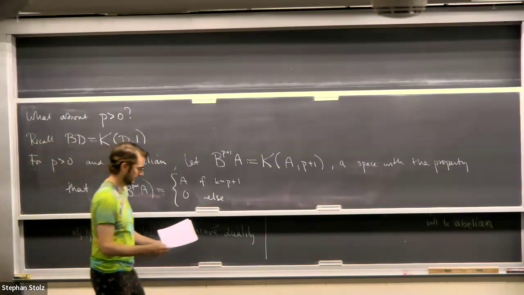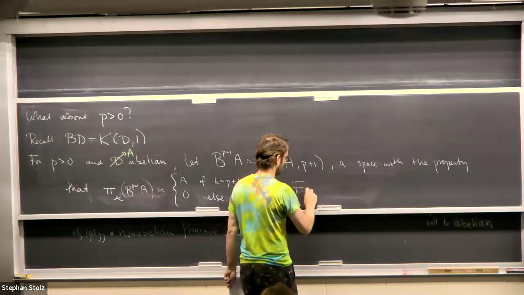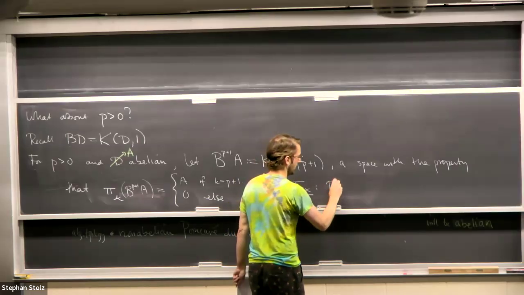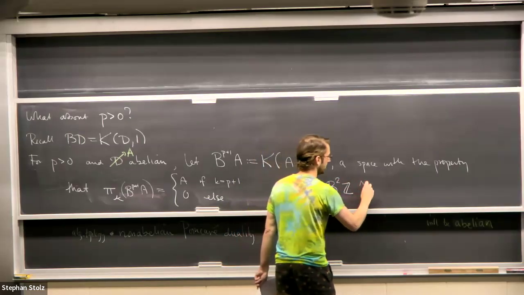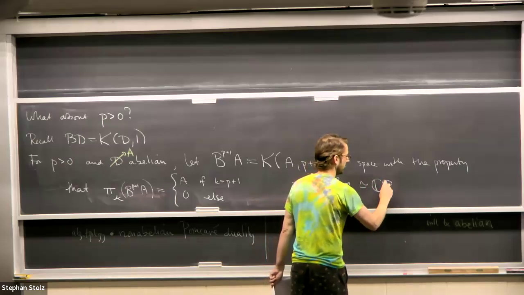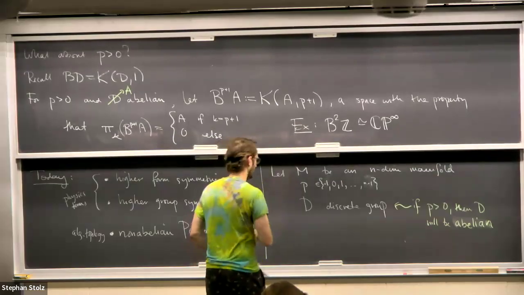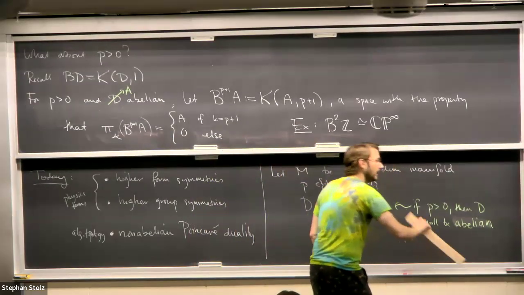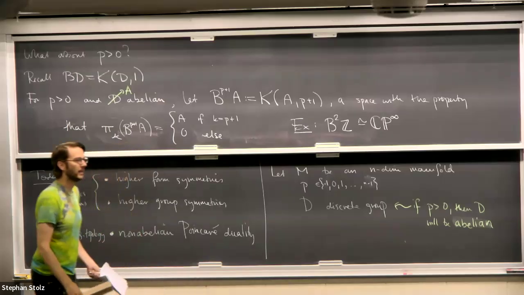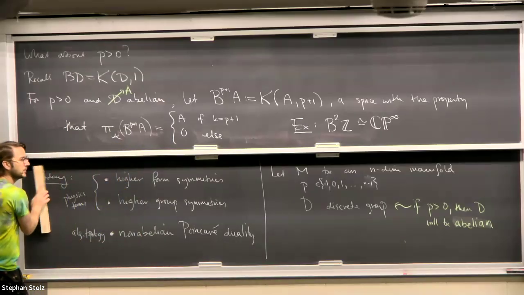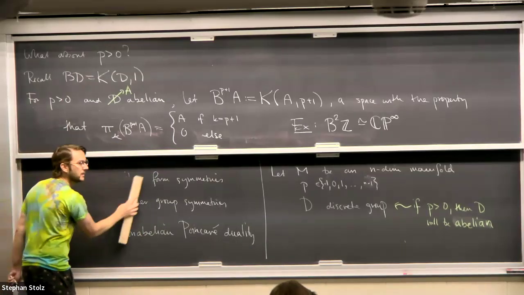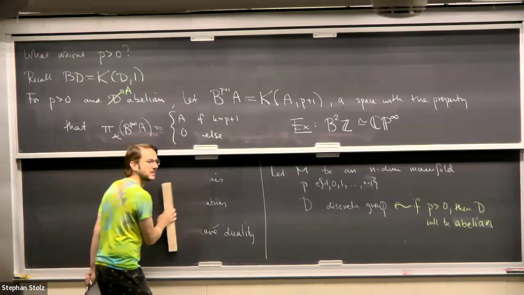And so, as an example, a model of B2Z is given by CP infinity. Actually, does anybody know another convenient example for something bigger than 1? Like a space you know?